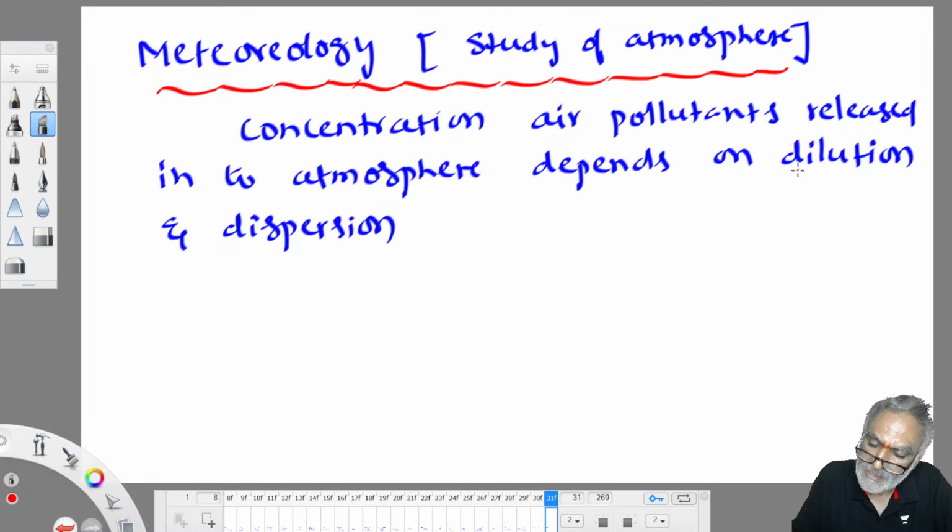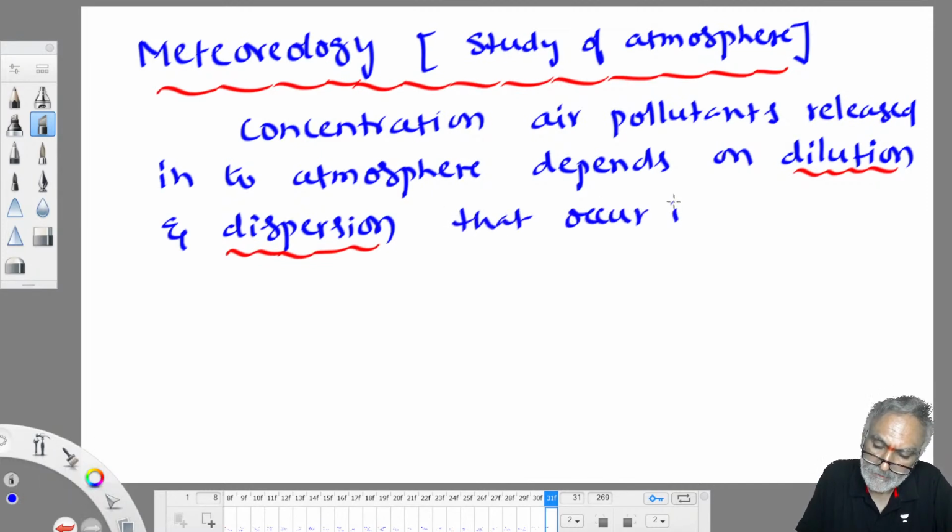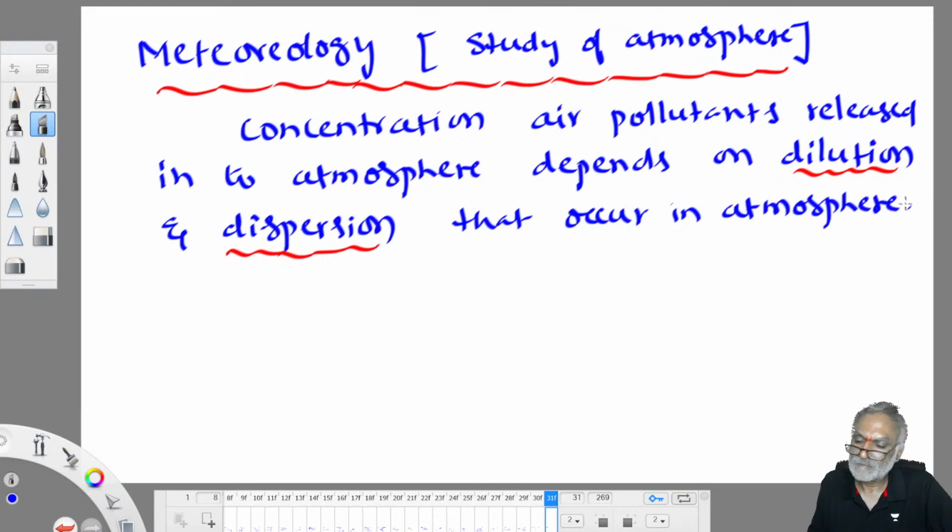Dilution means mixing, dispersion means spread. Dispersion occurs in the atmosphere, diluting with the air and spreading over a wide area, mixing with air and spreading over a wide area.